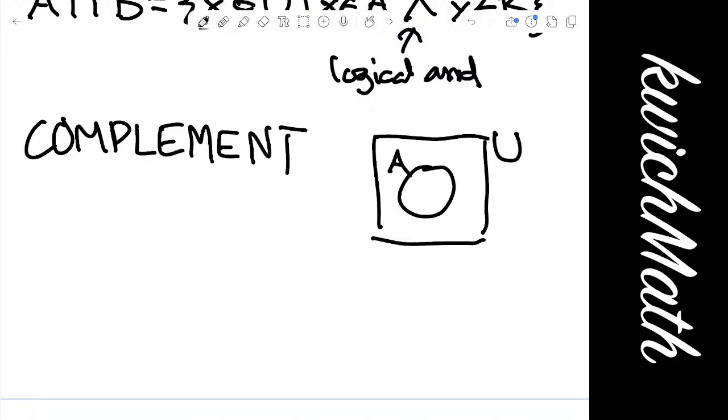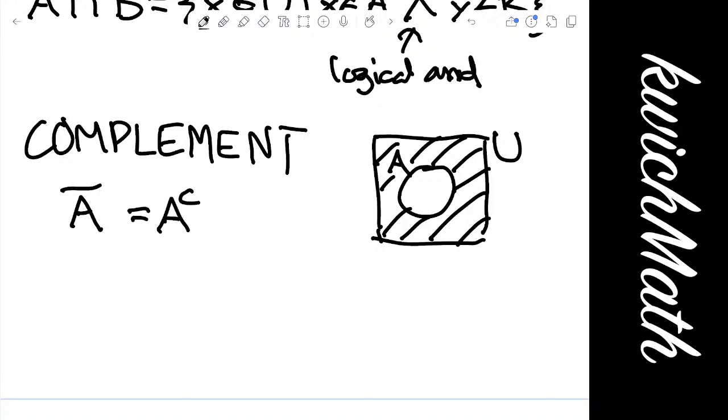And the idea is that whereas A is everything that is within A, here we'll have it be everything that is not in A. So it'll be like this. And how we write this: either we write it by putting a bar on top of the A, or in some books, you'll see it as adding a small c or big C as a superscript here.